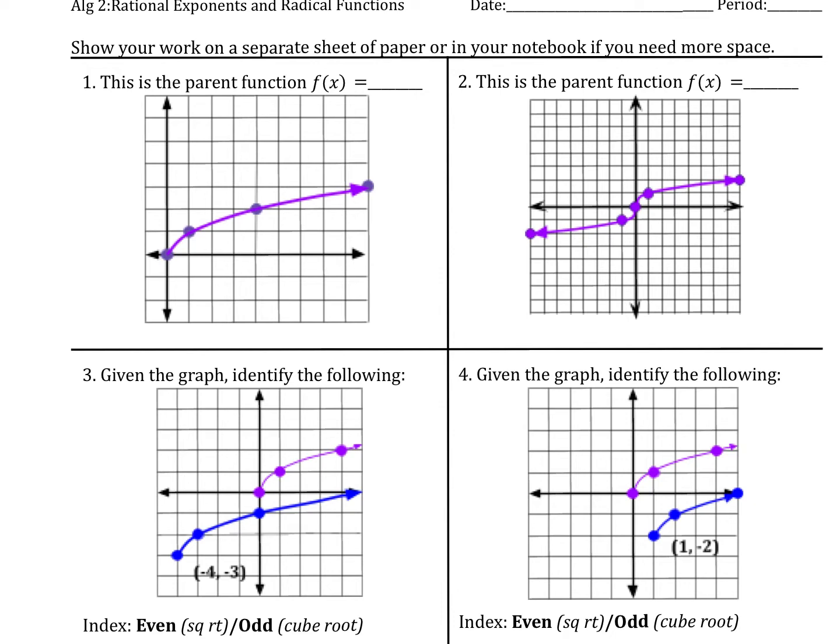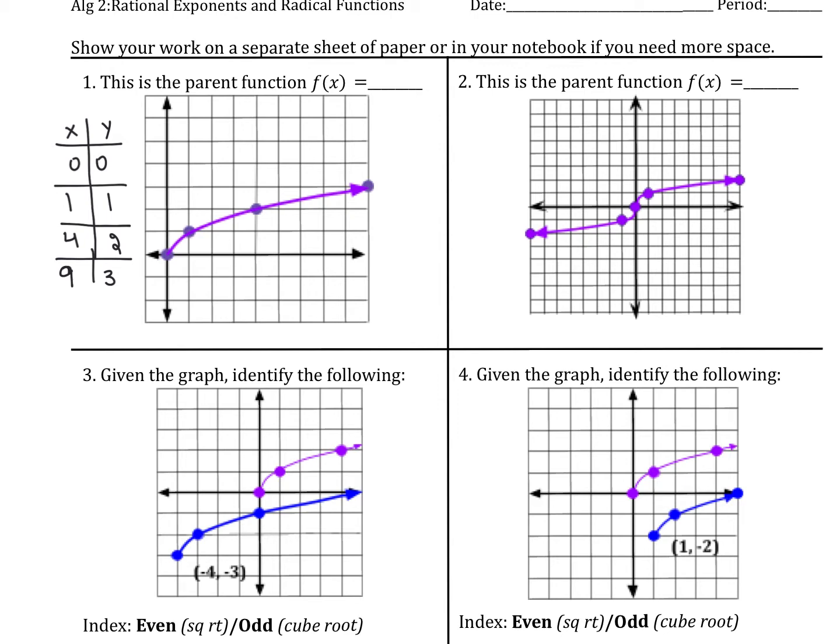The next point is 1, 1, then 4, 2, and the next point is 9, 3. So it means that whatever you choose for the x value, the y value is the square root of the x value.